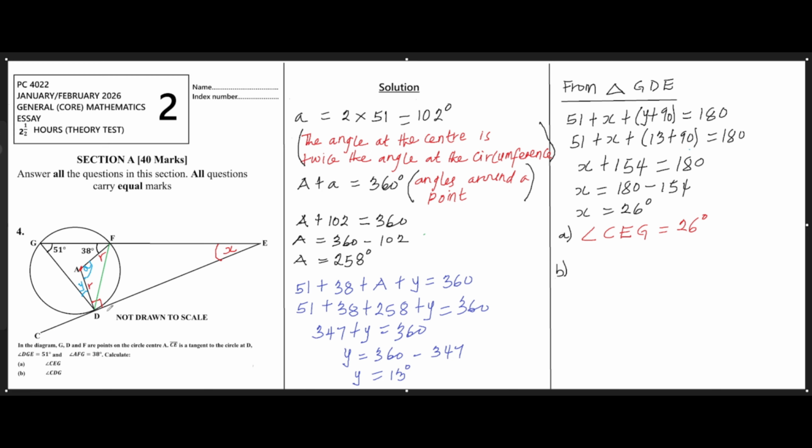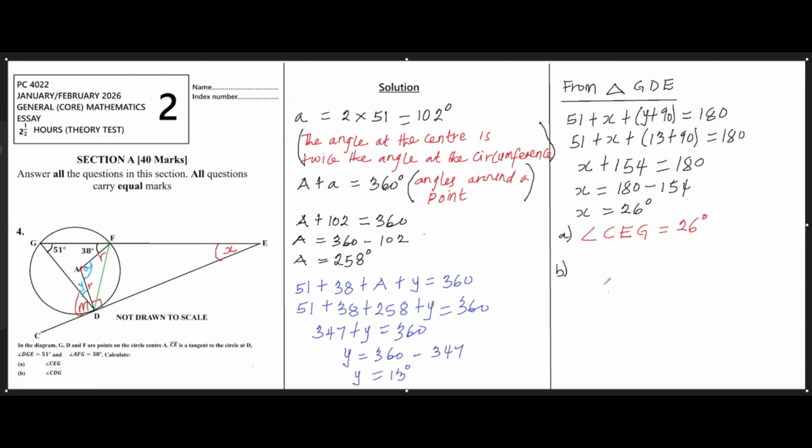Angle CDG is the other part of angle D, this side. I'm naming this angle as M. So this is a straight line, and we know that the sum of all the angles on a straight line is 180 degrees.